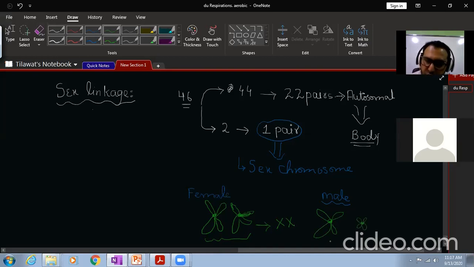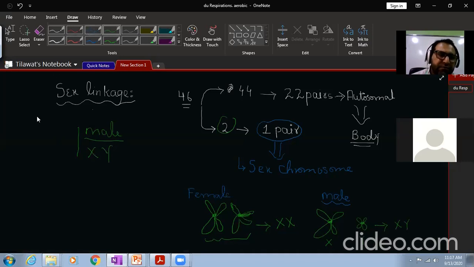So what name is given to these two chromosomes? This one X and this one Y. Okay, so it means XY. So it means these two chromosomes in male, the condition is XY.